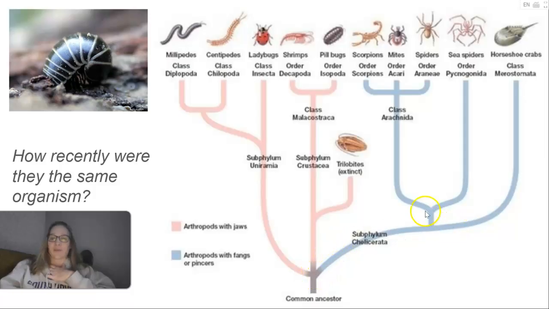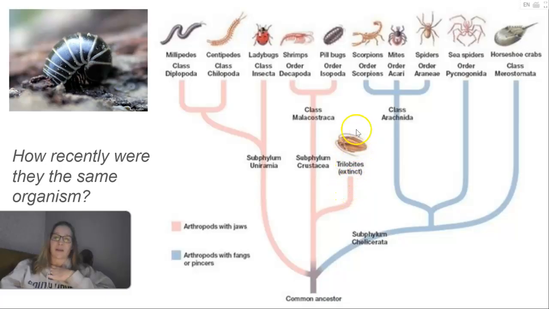All of the blue arthropods had fangs or pincers. So scorpions and mites and spiders, all of these have that feature, whereas these arthropods have jaws. Okay, and they also divided up into different species, so ladybugs and centipedes and millipedes, and even one that's extinct right now.